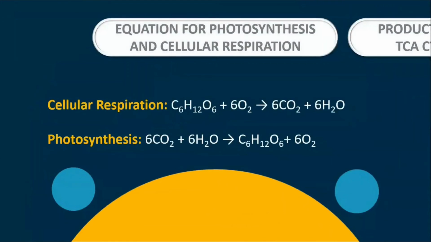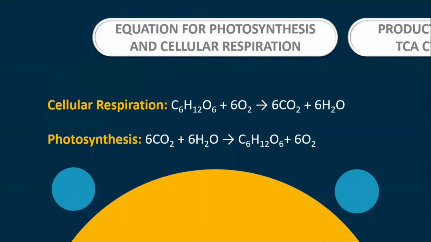So here we have the equations for photosynthesis and cellular respiration. For the balanced equation of cellular respiration, C6H12O6 plus 6O2 yields 6CO2 plus 6H2O. On the other hand, for the balanced equation of photosynthesis, 6CO2 plus 6H2O yields C6H12O6 plus 6O2.